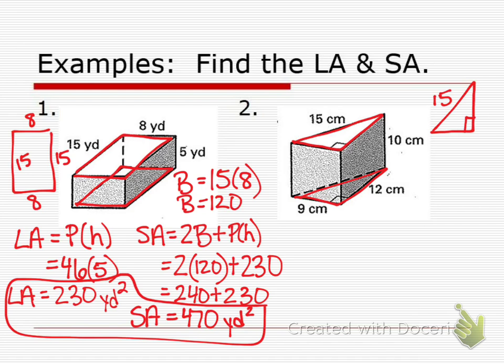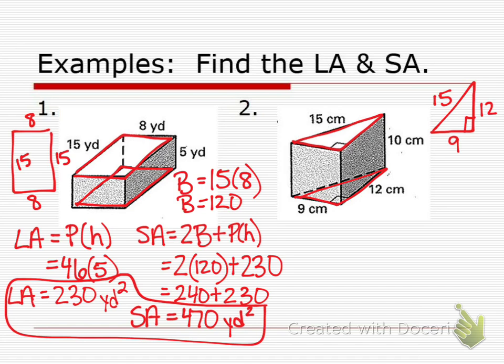And what about my legs? 9 and 12. So do we all see how this triangle, even though I drew it a little bit differently, is the same dimensions as the base triangles that they have in their 3D drawing? Okay, I would recommend trying to do that because it'll make it a little bit easier when we have to use these formulas.